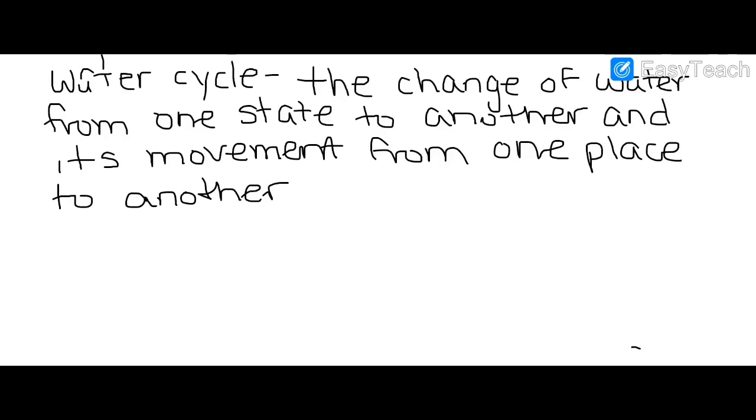Now, let's take a look at the step 1 that we talked about in our diagram. So step 1, I'm going to change my color here, so hopefully it's easy to read. Evaporation.